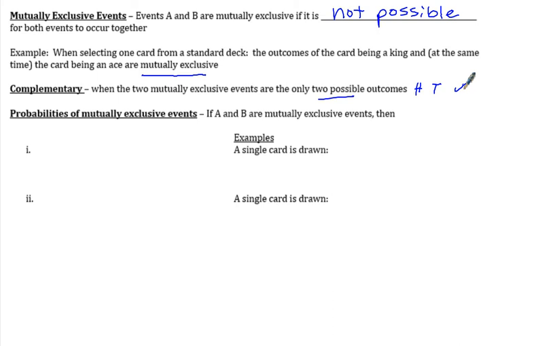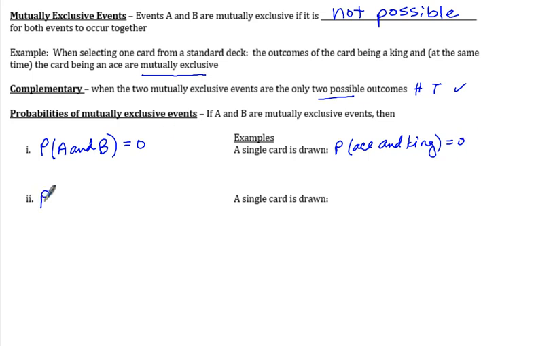To calculate the probabilities of mutually exclusive events, we'll take a look and see what we mean by this. So the probability of A and B happening of mutually exclusive events, that's impossible. Just like the heads and tails. Getting heads and tails, that's impossible. Right? Probability of an ace and a king, that's impossible.